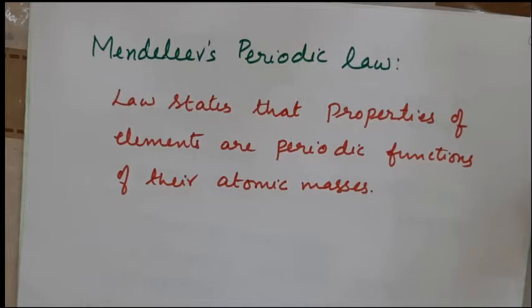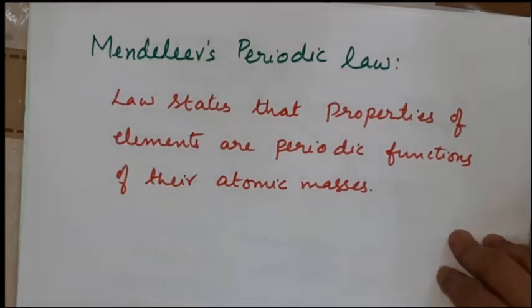What does that mean, periodic functions? Periodic means repetition at regular intervals. Function means depends. What does that statement mean then? The properties of elements, that is the physical and chemical properties, repeat at regular intervals and depend on the atomic mass of the element. So the statement is clear to you.